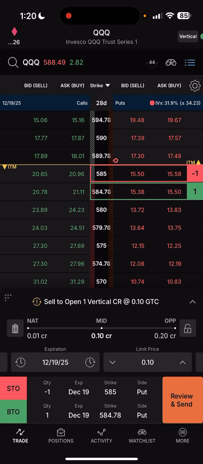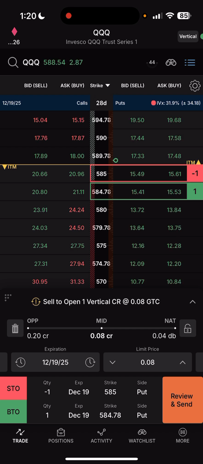Okay, so now it takes you to the 28-day calendar. So from here, there's a lot going on. Let's walk through it. So the red rectangle is going to be your sell to open. The green is going to be your buy to open.